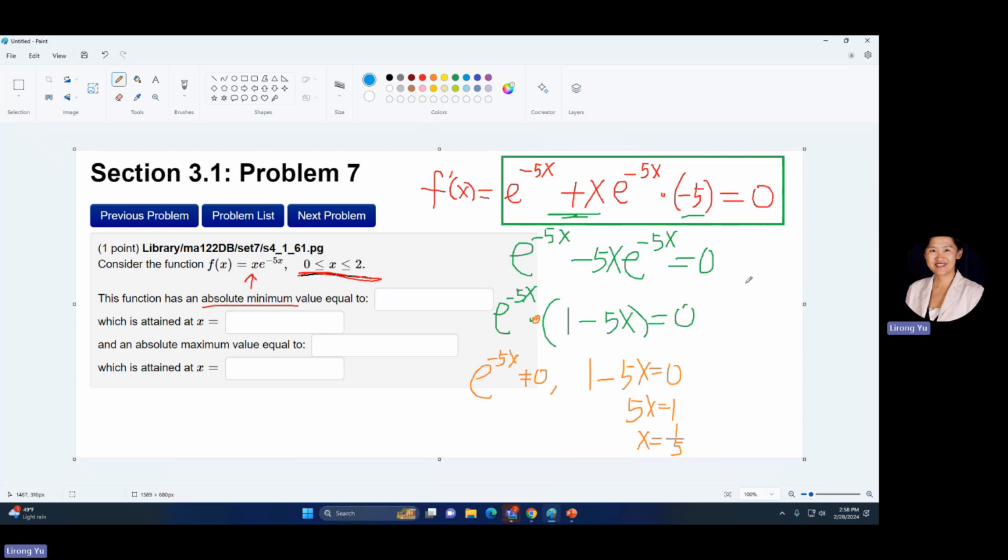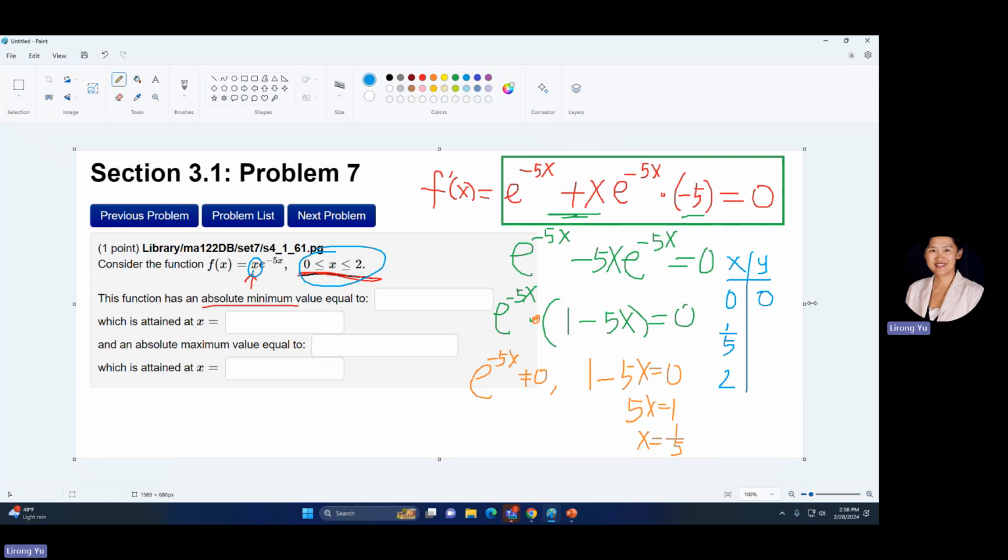So you set up a table for x value and y value. It has to have the endpoints 0 and 2. So 0 and 2. Right in the middle of 0 and 2, we have 1 over 5. So now it's time to do the calculation for the y value to determine which one is max and which one is minimum. If you plug in 0 for the x, it's 0.